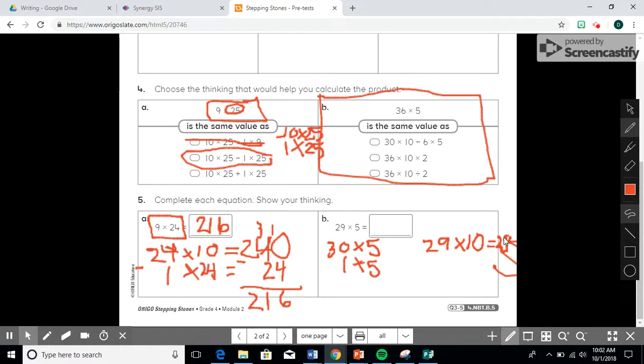Sorry, that got messed up. 290, and then we can halve 290 to find 29 times 5. You can also use the standard algorithm or lattice. Just please don't use skip counting. This number is too high to be skip counting too. So do B on your own with whatever strategy works for you.